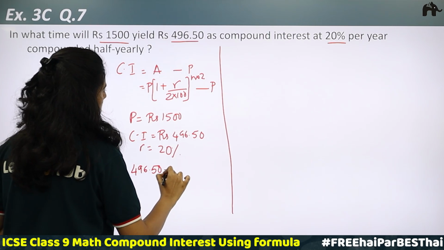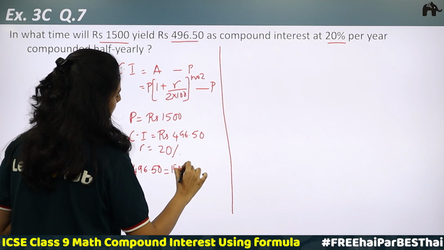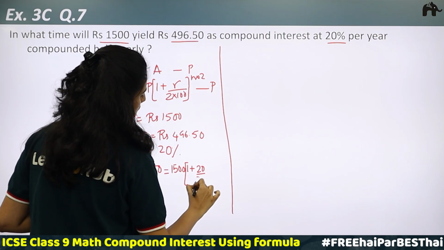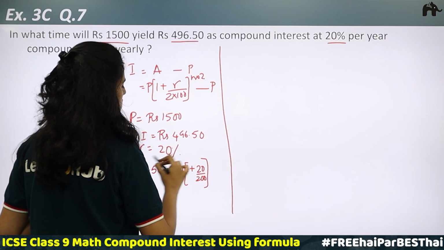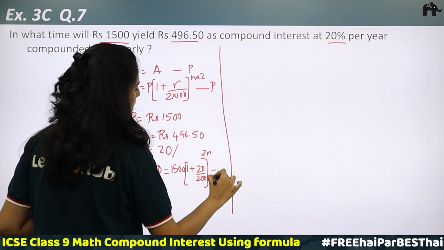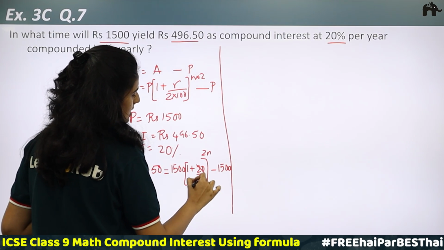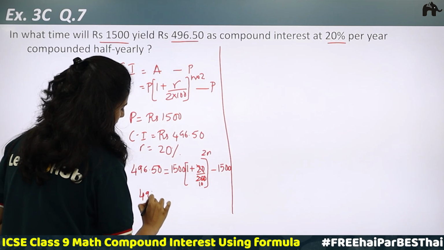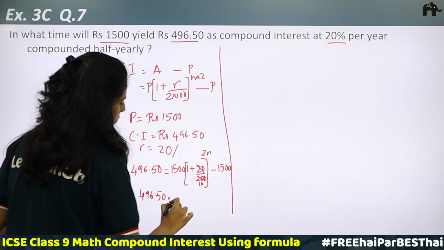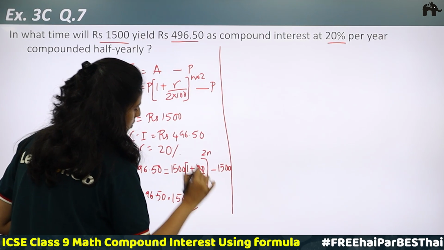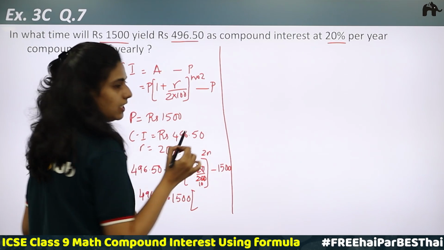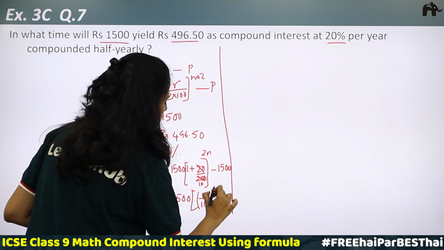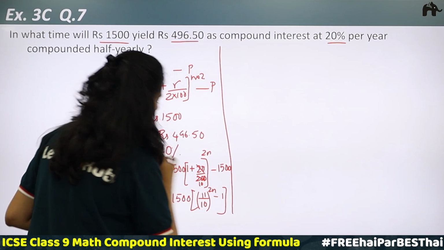496.50 is equal to 1500 into (1 plus 20 divided by 200) whole raised to 2n minus 1500. Okay, cancelling this 20 by 10 you will be getting 496.50 is equal to 1500 is common, taking out. This is 1 plus 1 by 10 which is 11 by 10, 11 by 10 whole raised to 2n minus 1.